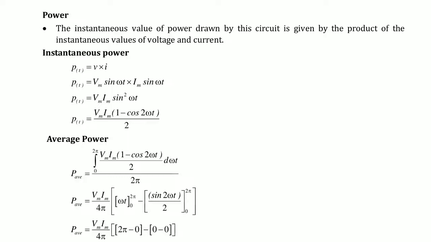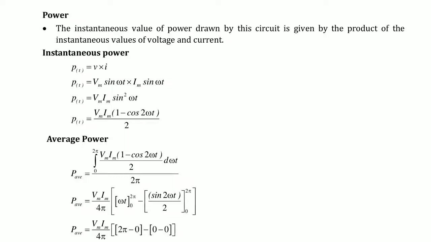Here, instantaneous power is p_i equal to small v into small i, so instantaneous voltage into instantaneous current. Instantaneous voltage is Vm sin omega t and instantaneous current is Im sin omega t.